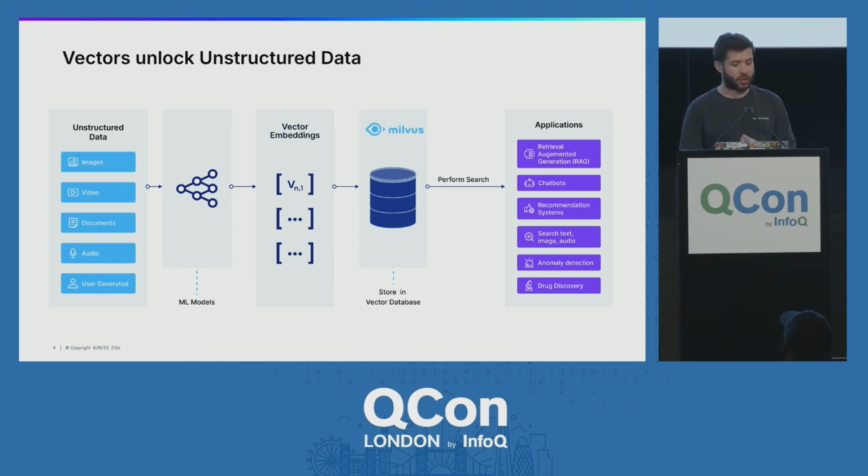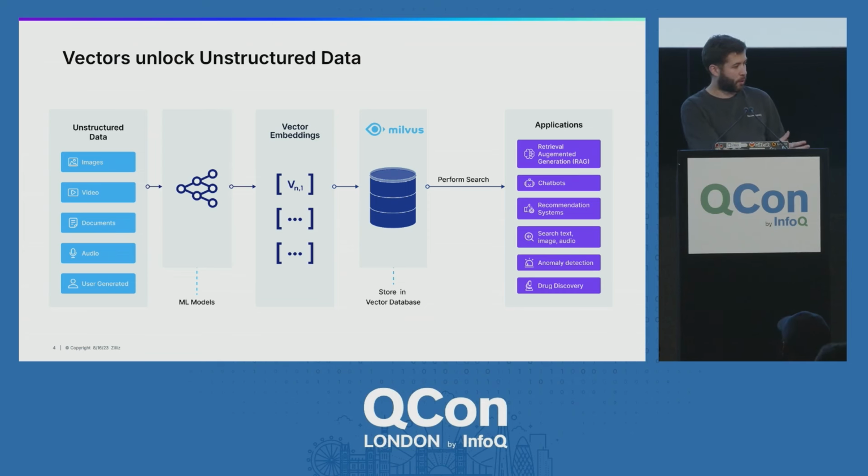So think of images, audio, videos, user documents. You're going to put that through your deep learning model, and that's how you get vector embeddings. You then store them in a vector database, and from now on you can perform search. So you can perform RAG, Retrieval-Augmented Generation, but you can also perform other things.